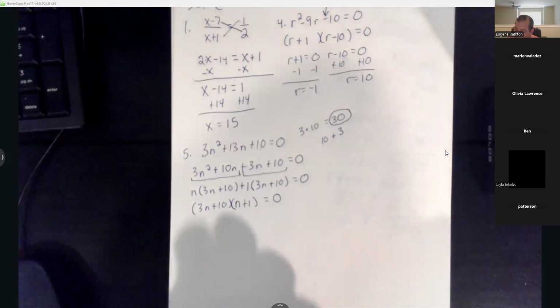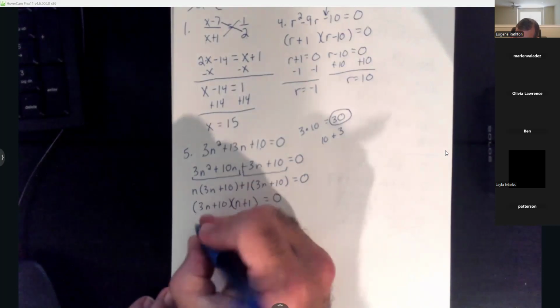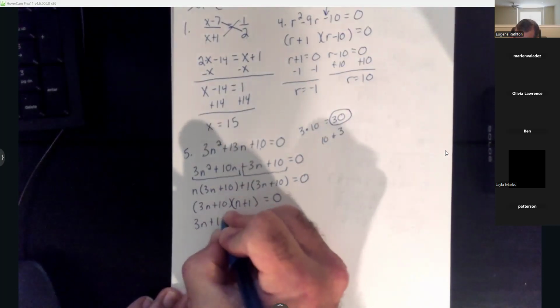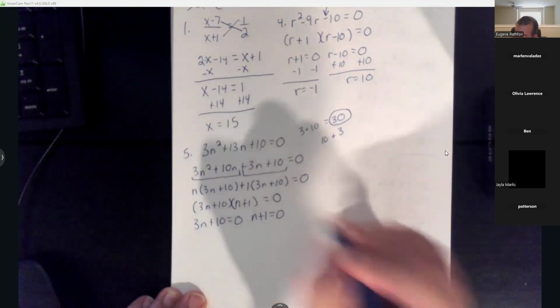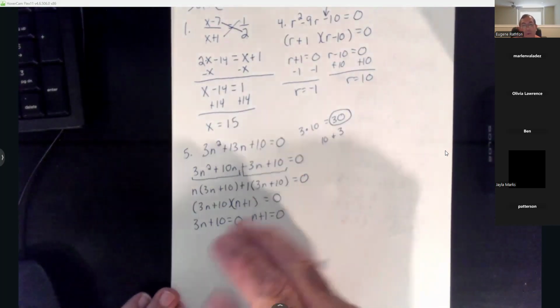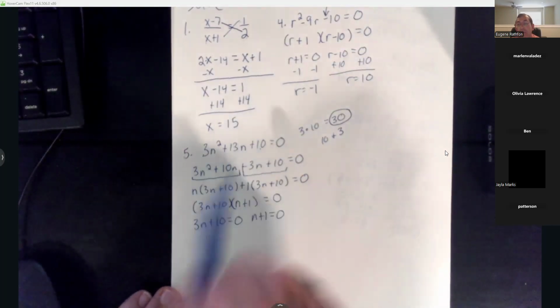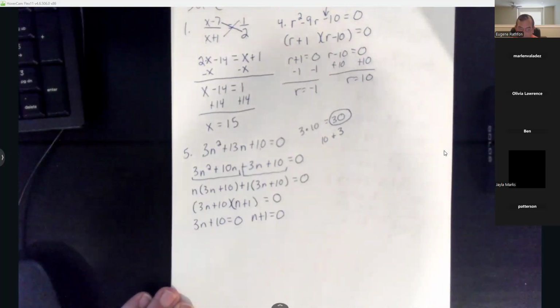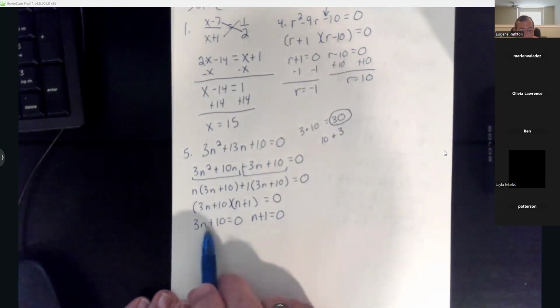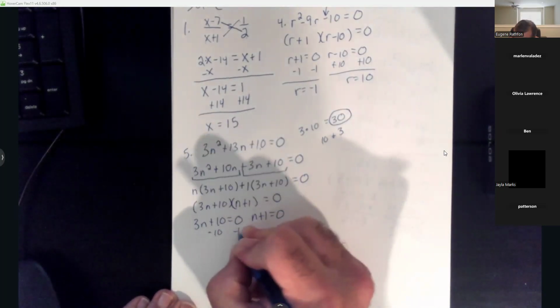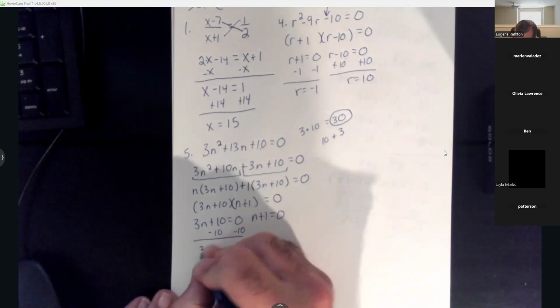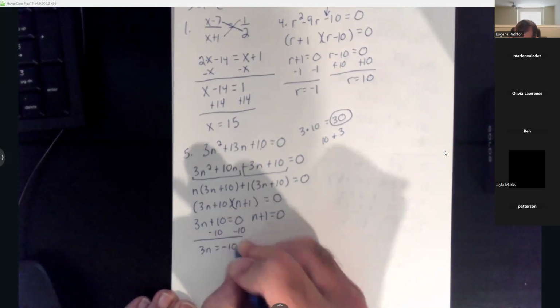All right, y'all, so let's set both of these equal to 0 and solve. So you can either do this method or, like I said, A, B, and C, do that quadratic formula, okay? So what are we doing? Subtracting 10, then divide by 3. So 3n is a negative 10.